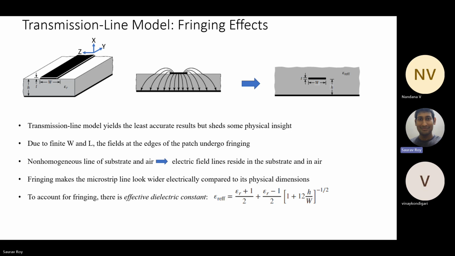Okay, now let's look into the fringing fields in detail. Let's go back to our transmission line model. Let's see it as a microstrip circuit only, a microstrip transmission line. The left side shows a microstrip line of width W, length L and all the other things. You see the field diagram, how the field fringes through the air and comes back to the ground plane.